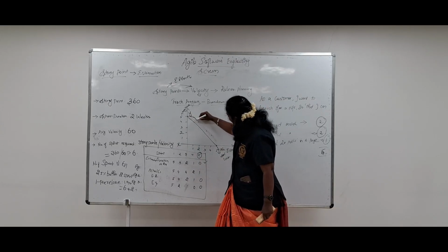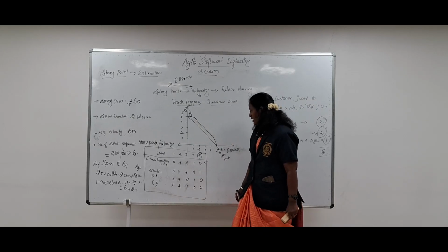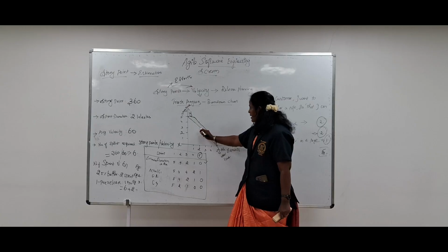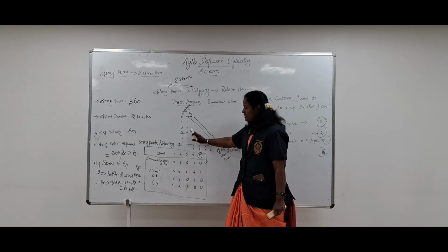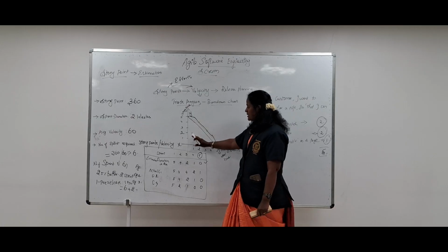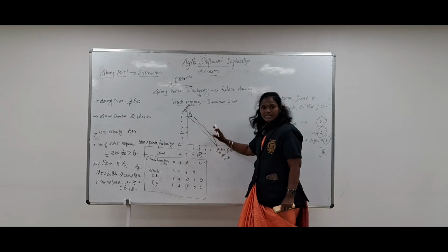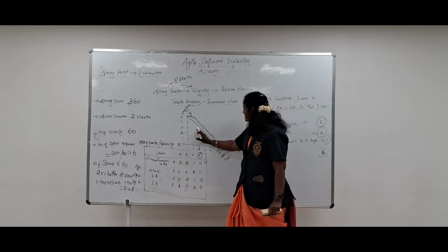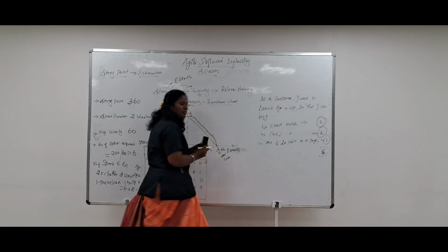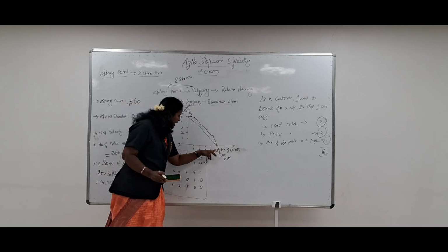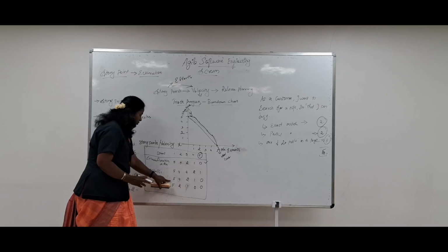Now you can see this is the actual outline, and we can say that this project has been completed on time. Or before the planning itself we can complete the project.